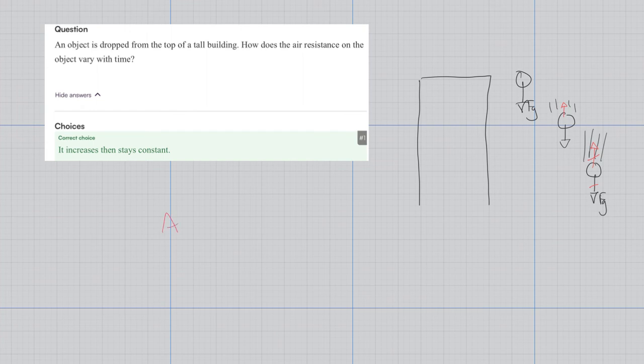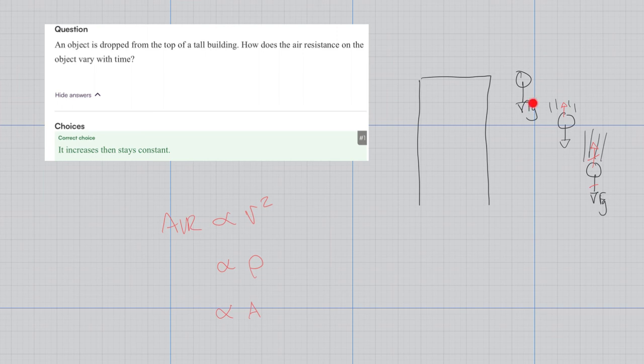Air resistance is dependent upon a few different things. It's dependent upon the velocity squared, it's dependent upon the density of the liquid or the fluid that it's traveling through, and it's dependent upon the area of what is exposed to the air.